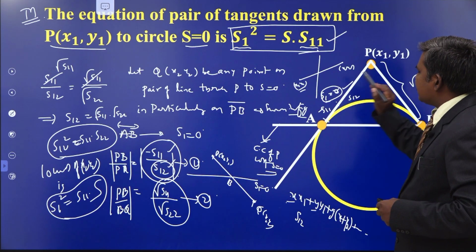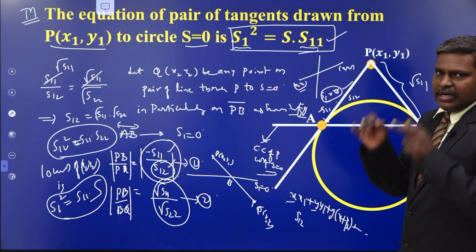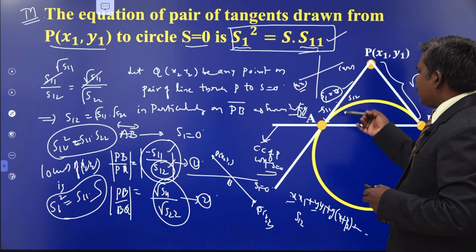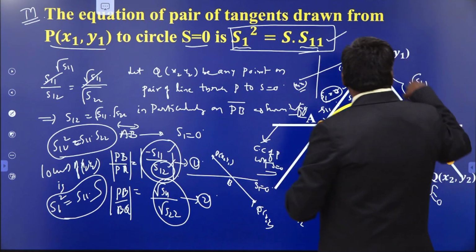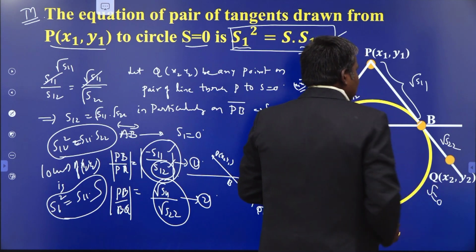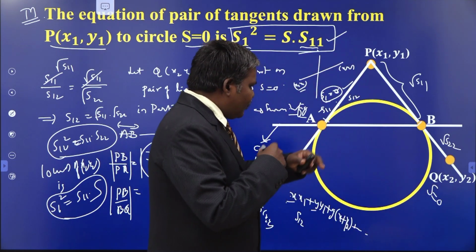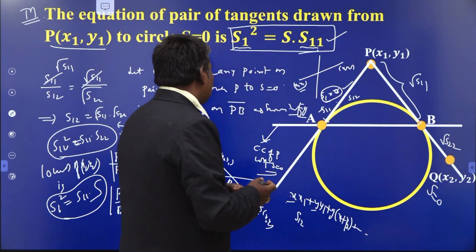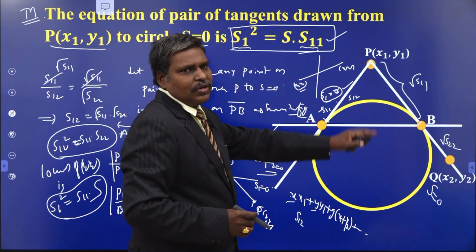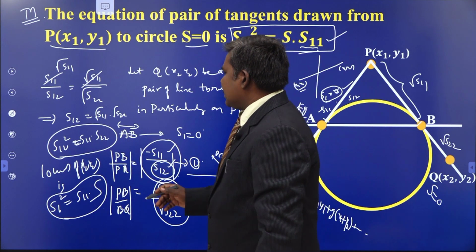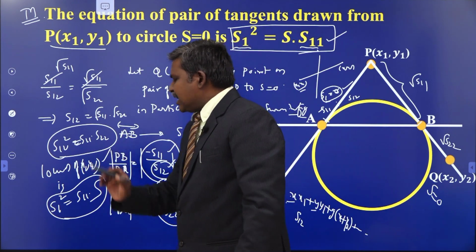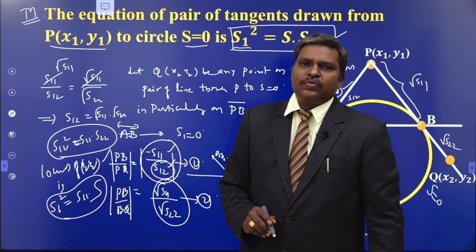The ratio is minus S11 is to S12. Taking the modulus of minus S11 by S12, this is root S11, this will be root S22. Root S11 by root S22 equals S11 by S12. Then simplify, squaring it, you get the locus of x2, y2 as S1 square equal to S into S11. Understand?